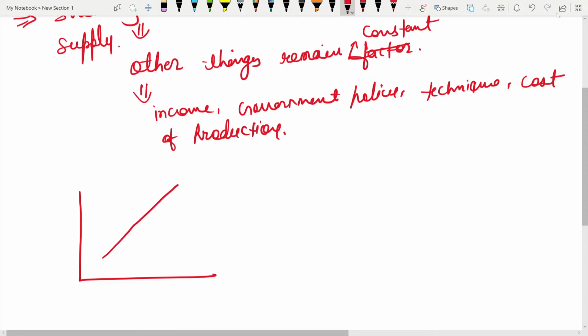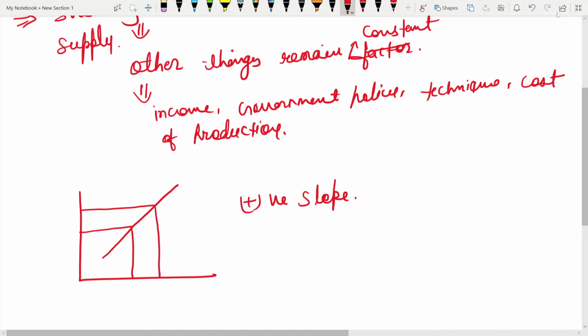This is just the opposite of demand. Demand shows a downward slope, meaning negative slope, but the slope of the supply curve is positive. What does it mean?